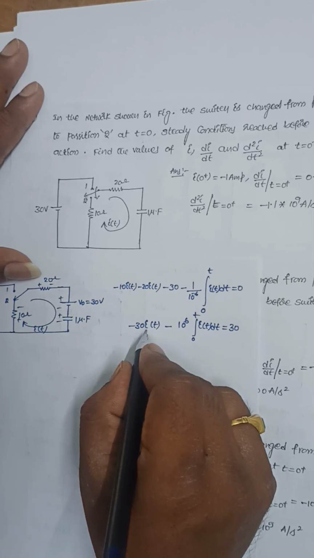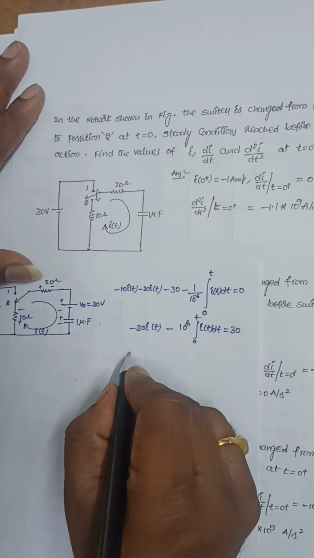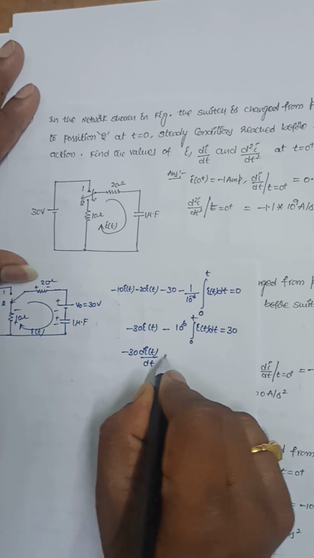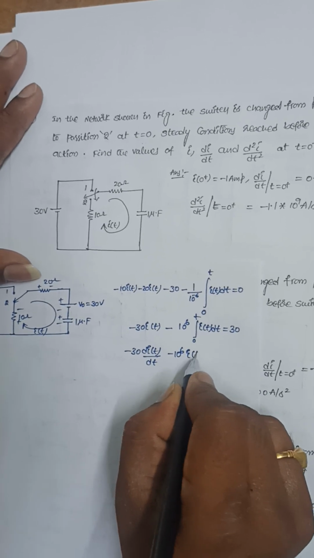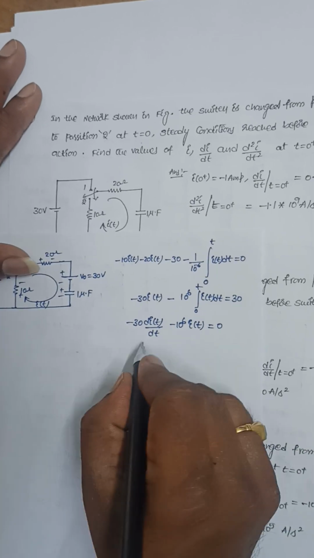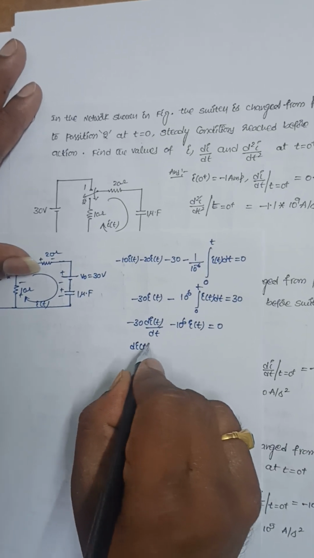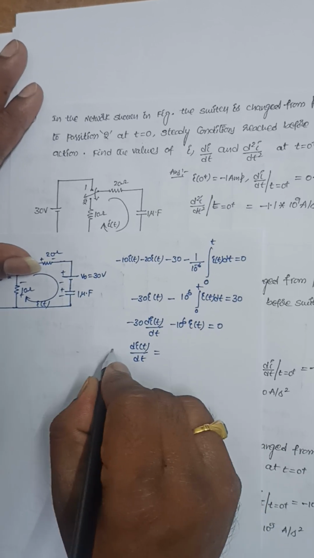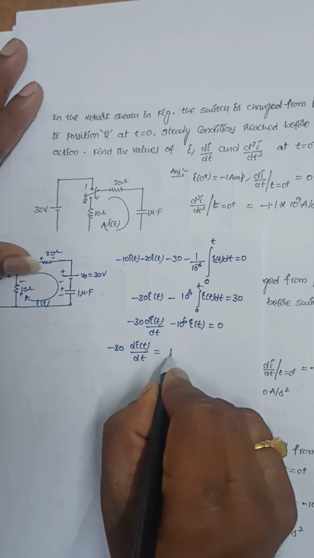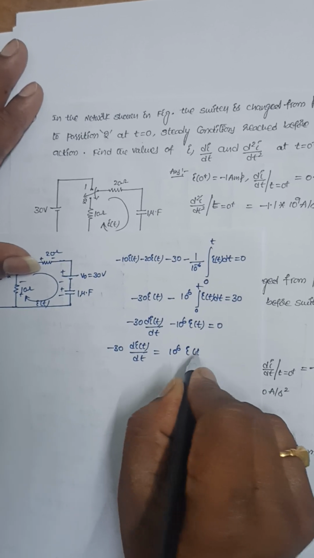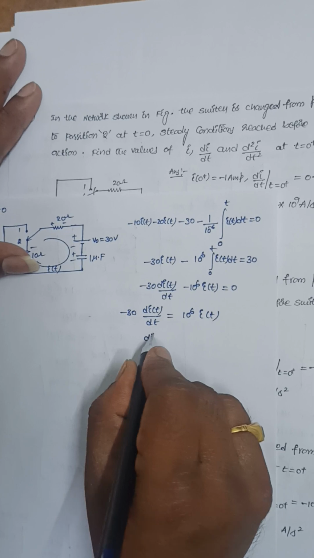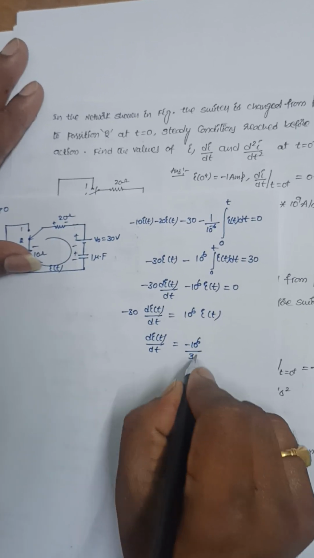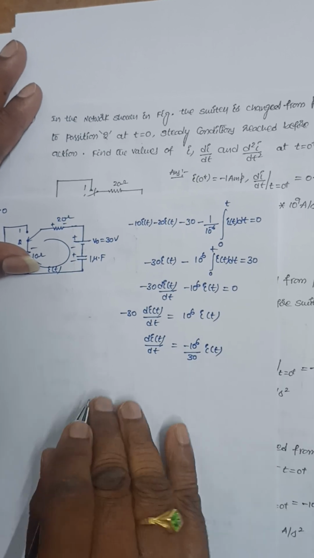So I have to find di by dt here. So differentiate this equation. Minus 30 into di of t by dt minus 10 power 6 into I of t, that is equal to 0. So di of t by dt is equal to minus 10 power 6 divided by 30 into I of t.